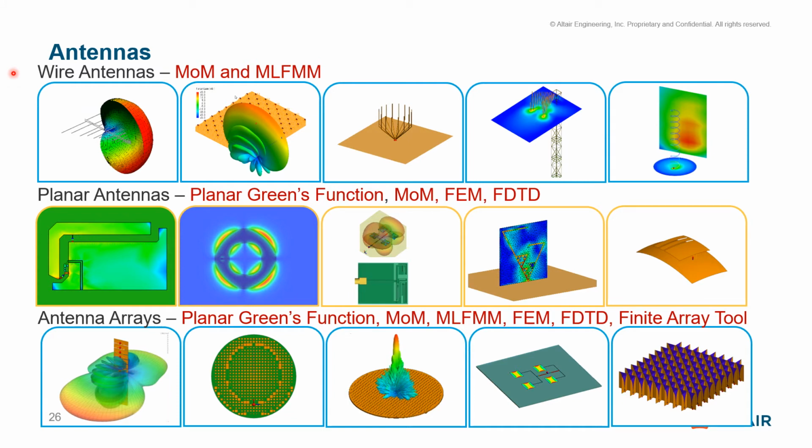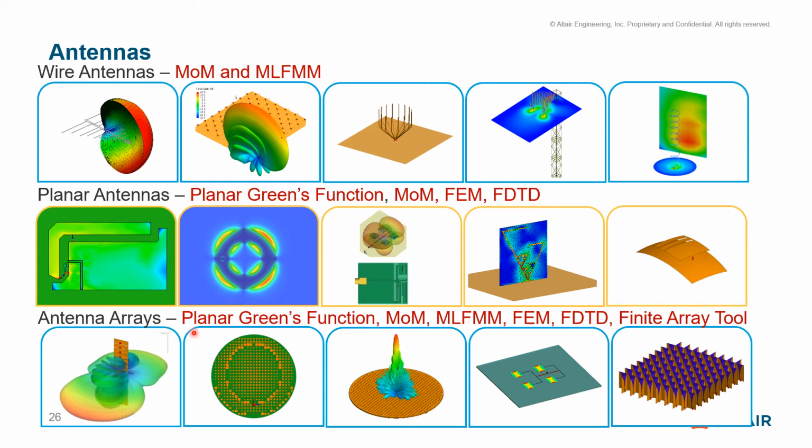This chart actually illustrates why we need different methodologies for a different class of antennas when we simulate them. For example, wire antennas. Method of moments and MLFMM can work very nicely for these type of wire antennas. Planar antennas, one can use the planar Green's function method, which is similar to method of moments, and method of moments, FEM or FDTD based on the number of materials you have, the complexity you have in your antenna structure.